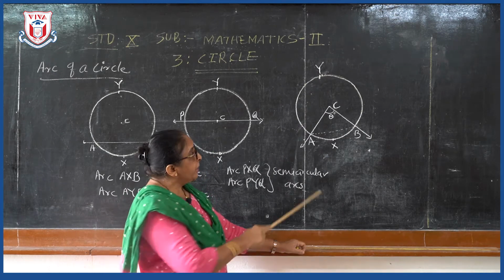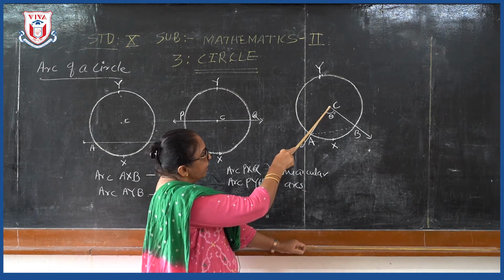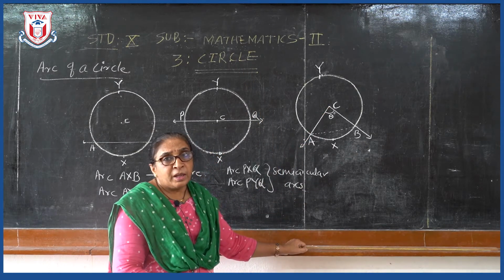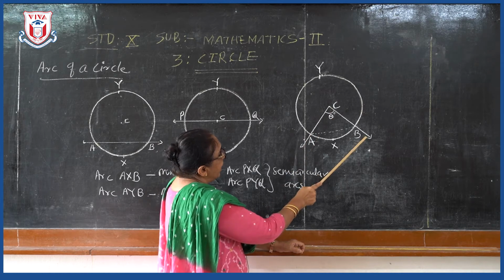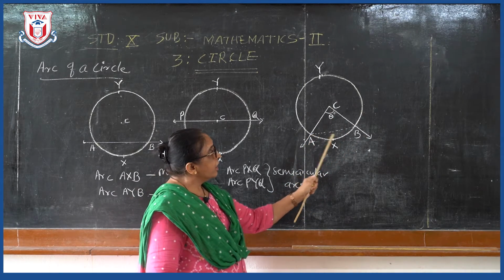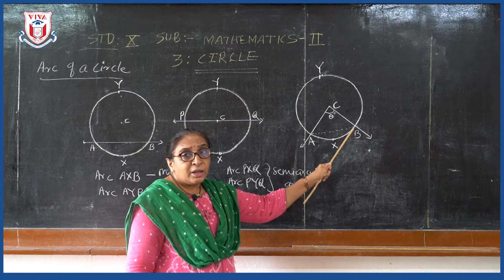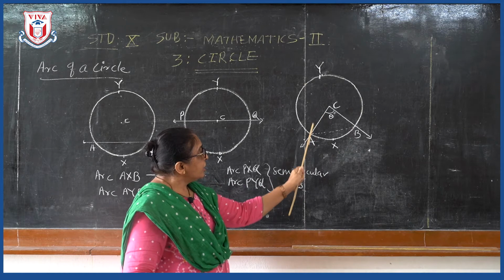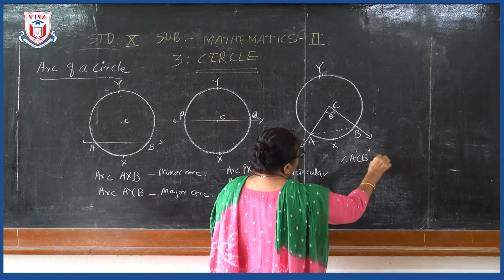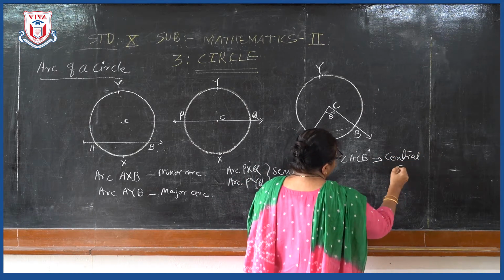If these A and B are joined with the center of the circle, then CA and CB are the radii of the circle. And because of these radii, the angle ACB is formed with the center. Such type of angle ACB is called central angle.